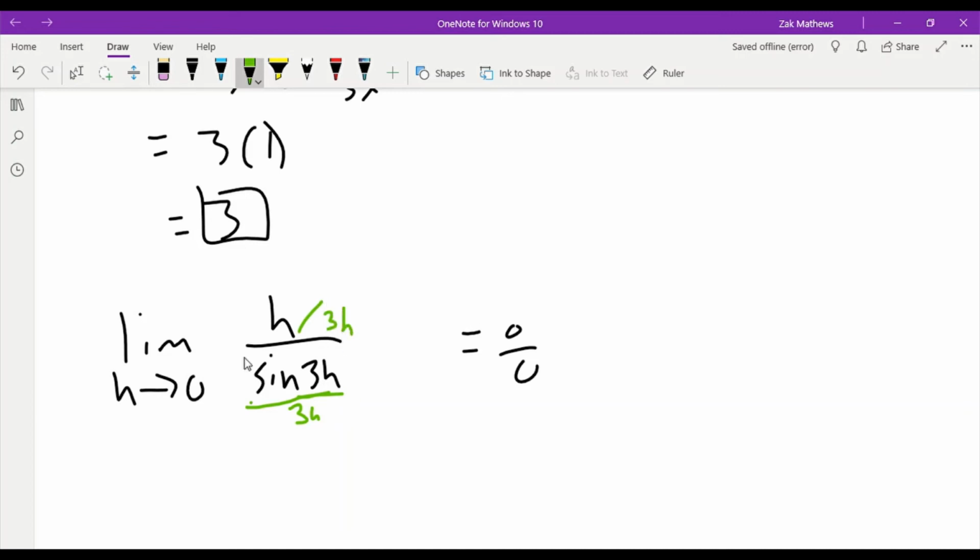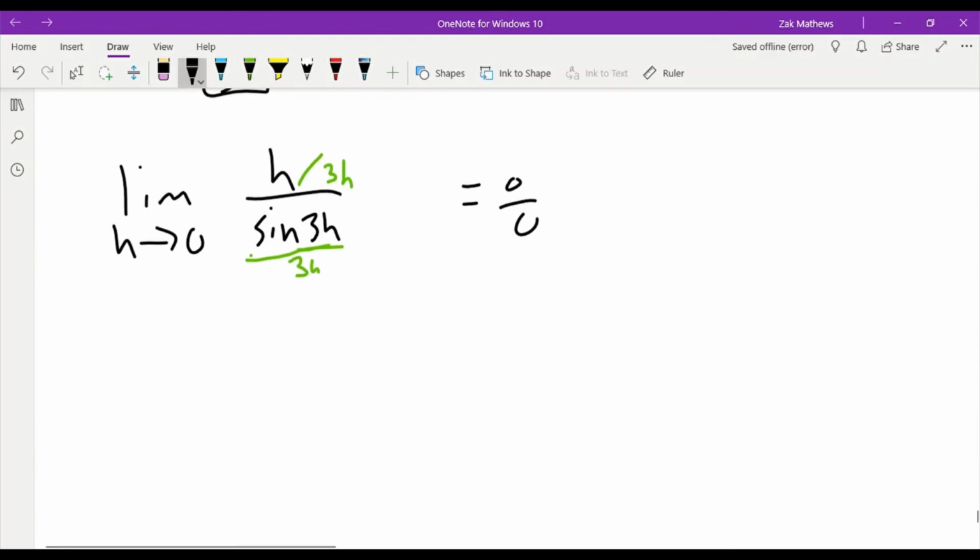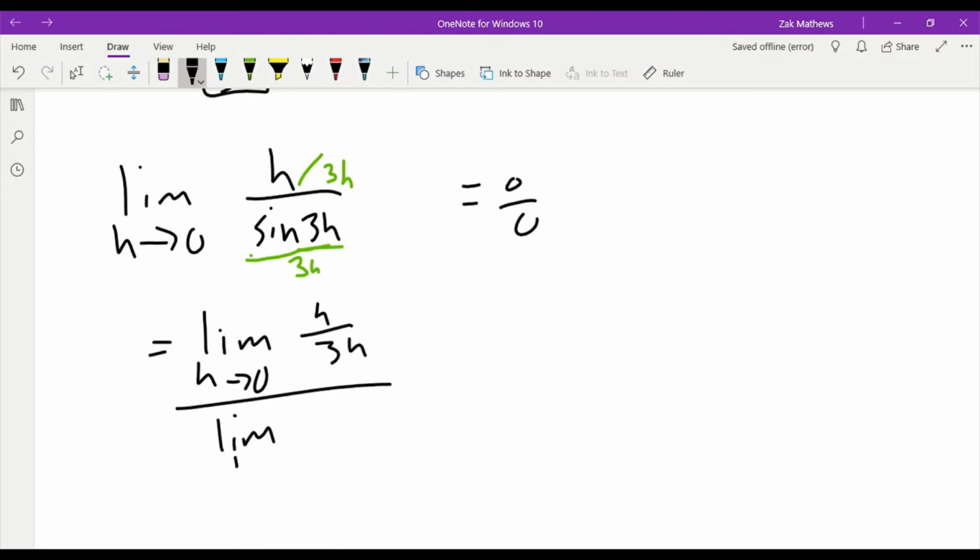Remember, with limits, we're able to compute these fractions separately. So I'm going to write this out as the limit of the numerator, the h over 3h, divided by the limit of the denominator.